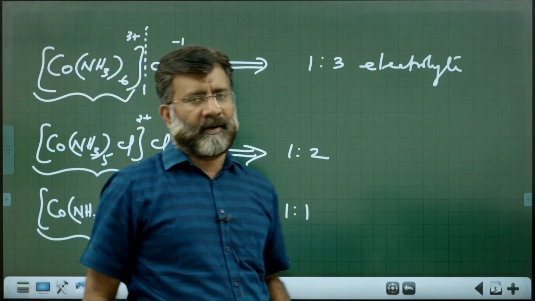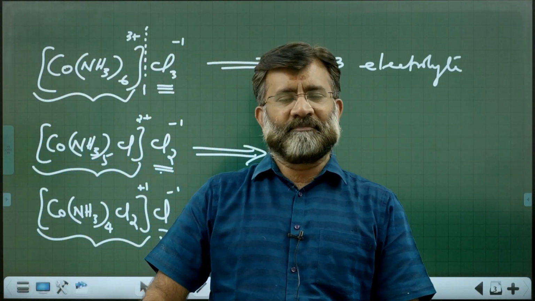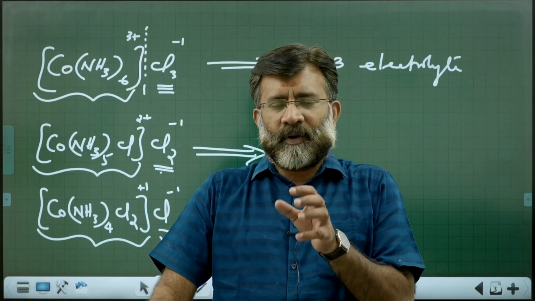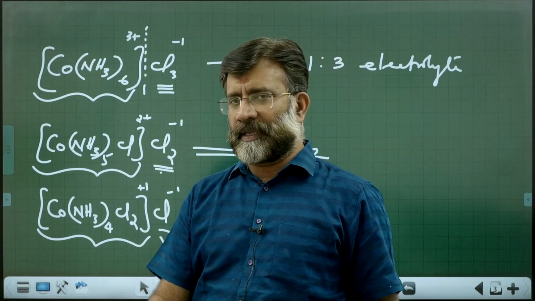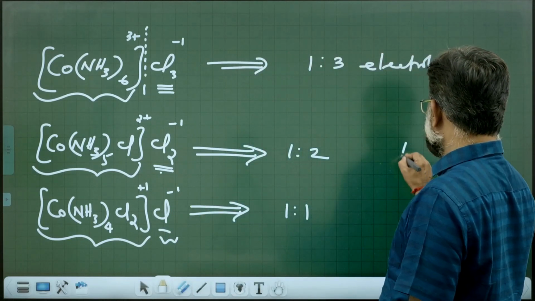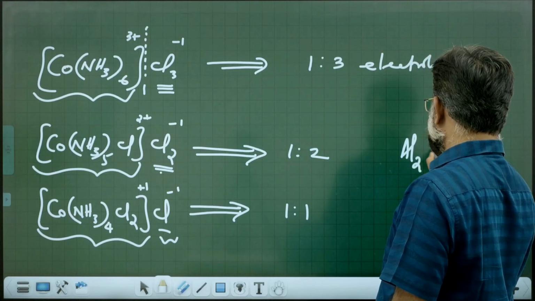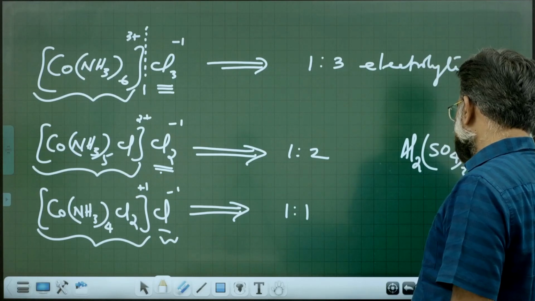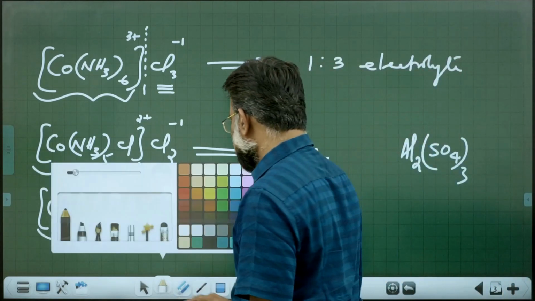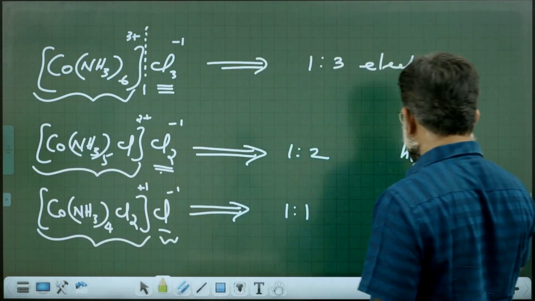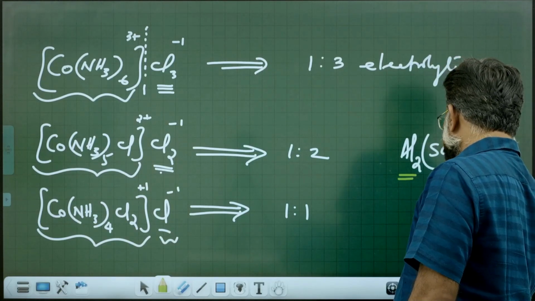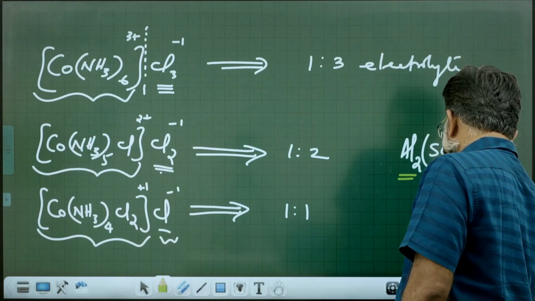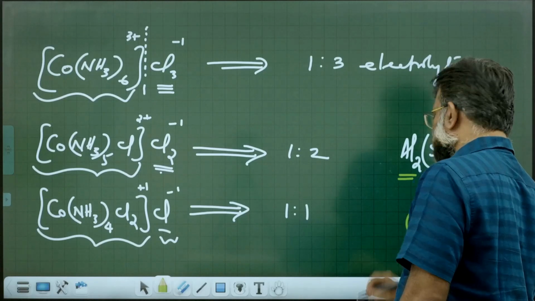1,1 type electrolyte. So electrolytes may be categorized according to the number of ions we get. For example, if you take Al2(SO4)3, imagine it is ionizing. What kind of electrolyte it is? It is 2 cation and 3 anion. It will be 2,3 type electrolyte.